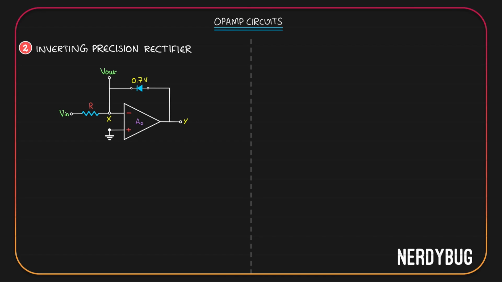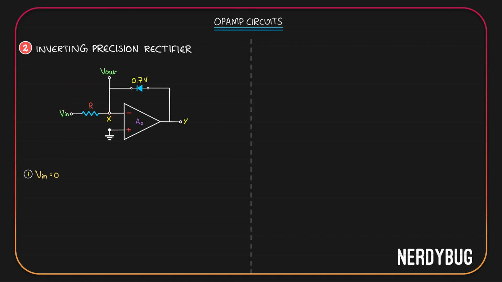Let's take the first case where input is 0. The Opamp will try its best so that the virtual ground condition is satisfied. For that, the feedback loop is needed. For that, the diode has to be switched on. So Opamp will make Vy plus 0.7 volt so that the diode will be barely on, start conducting current which flows through R, will make sure all of V in drops across R and Vx is 0.